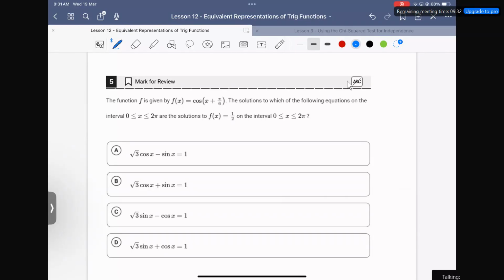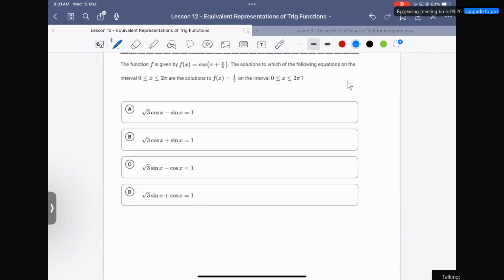Okay, let's have a look on this one. We are to solve where f of x is equal to a half, which means that the cosine of x plus pi over 6 is equal to a half.